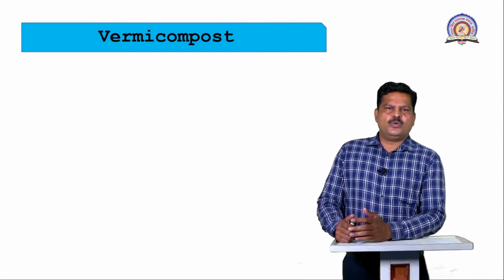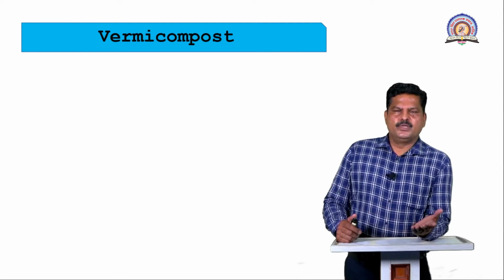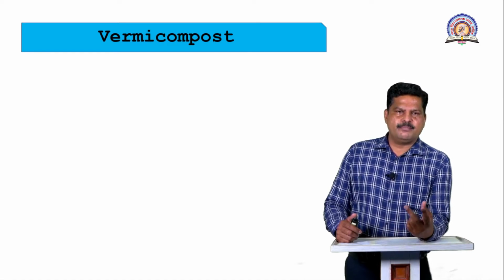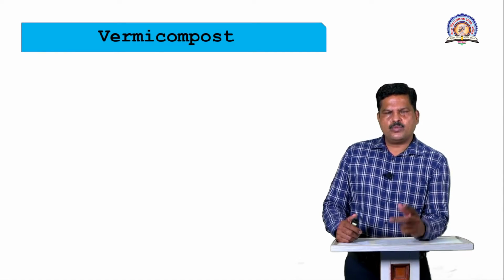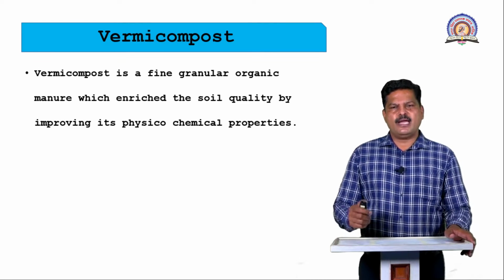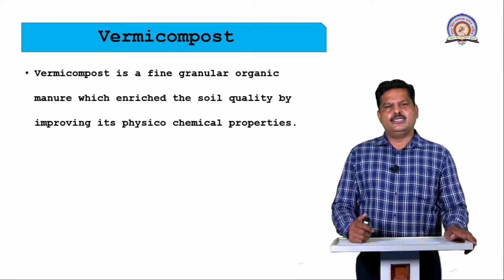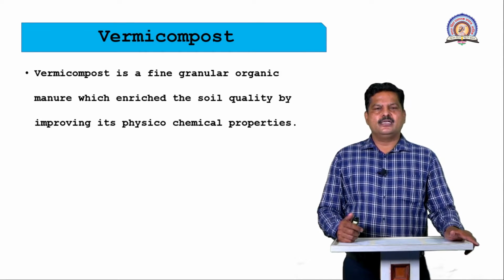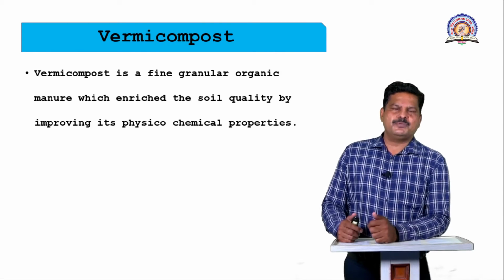First one, vermicompost. As I said, the 2 important products we get from vermitechnology are vermicompost and vermiwash. So what is vermicompost? Vermicompost is a fine granular organic manure which enriches the soil quality by improving the physico-chemical properties of soil.